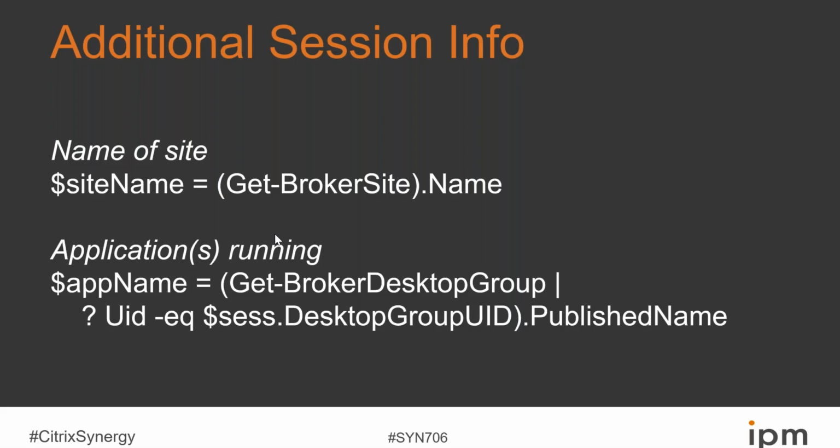If you launch an application instead of a desktop, the applications that you launched are not retrieved through Get-BrokerSession. That's retrieved through Get-BrokerDesktopGroup, and we have to match that to the session name using the UID that we had seen before, and pull out the published name. So that's how we do that.